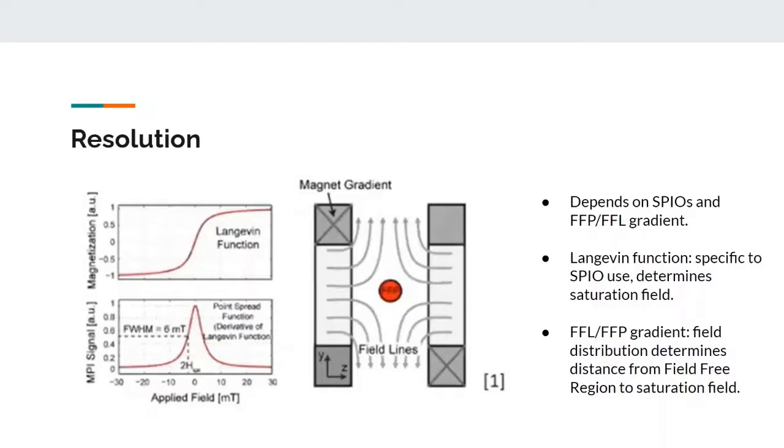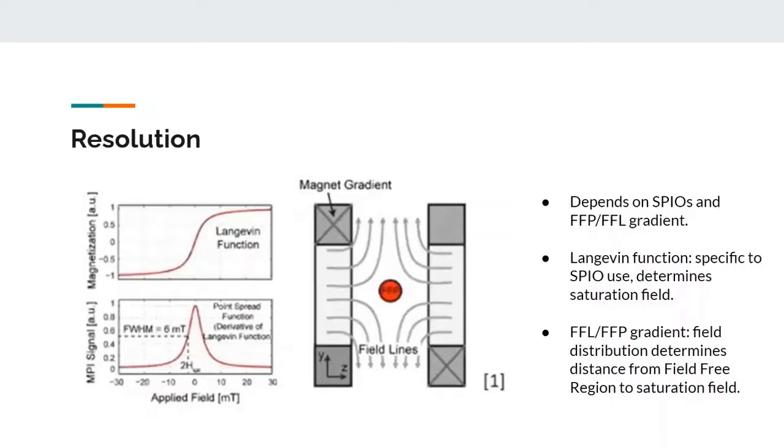The part that depends on particles can be characterized by the Langevin function. In this case, the Langevin function is specific to the SPIO that you use, and basically determines what the saturation field needs to be. If you look at the derivative of the Langevin function, you get a basic PSF, which is characteristic of your particles.